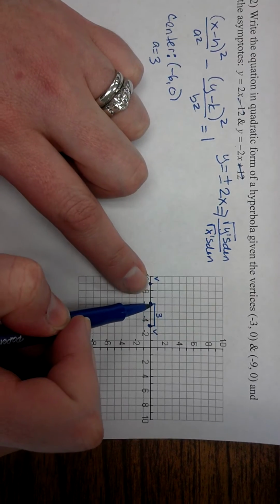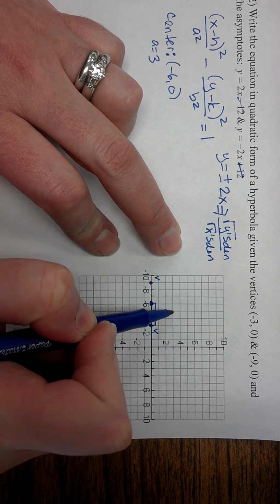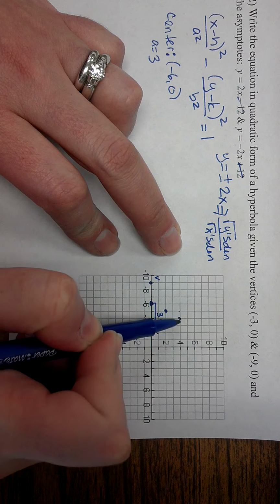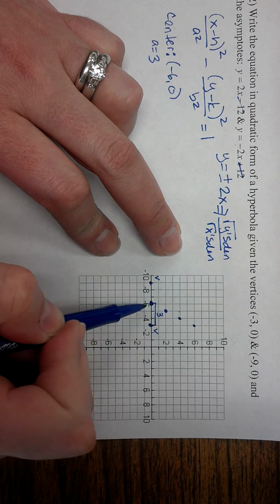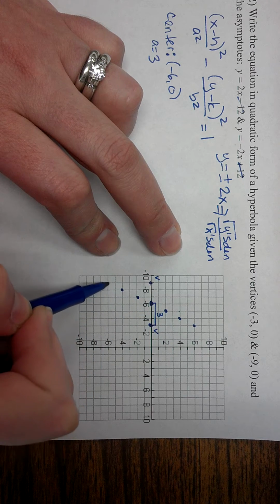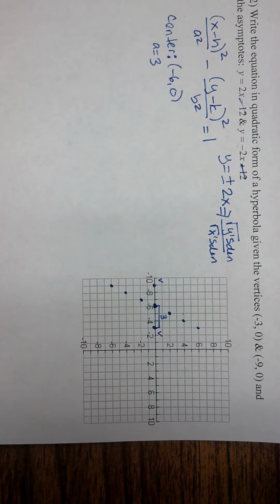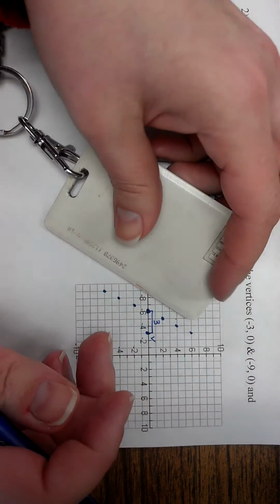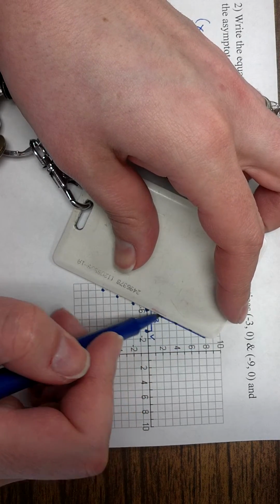So remember, we go from the center, and I'm going to go up 2 spaces over 1, up 2 spaces over 1, up 2 spaces over 1. I do it a couple times. It helps to have a nice straight line, so let me grab my ruler.